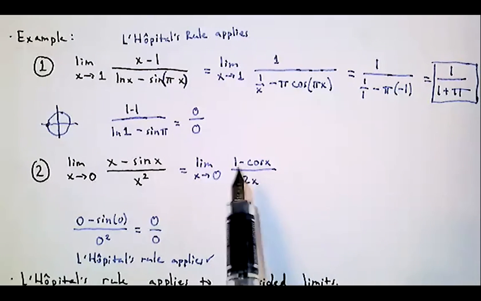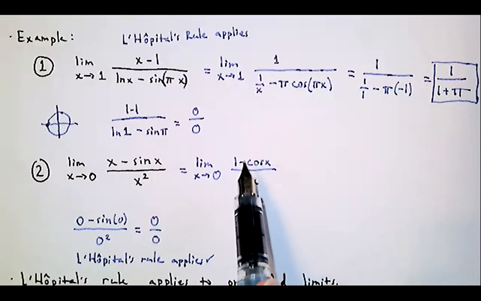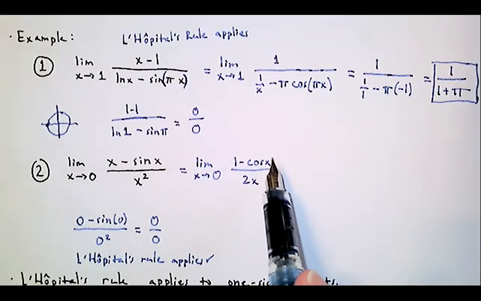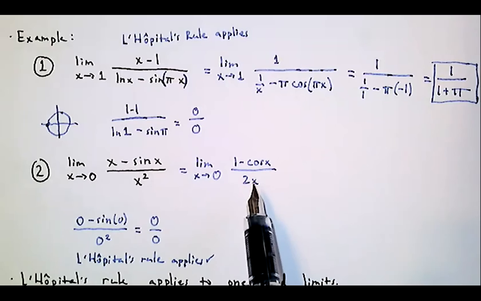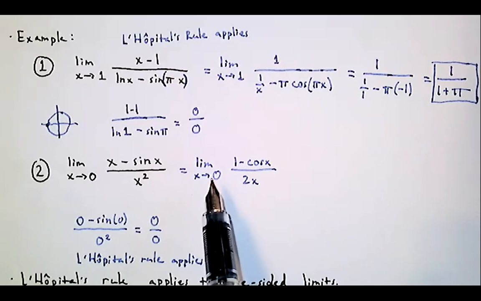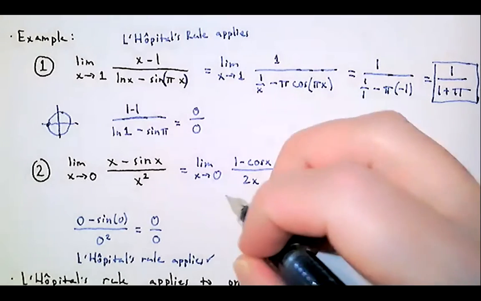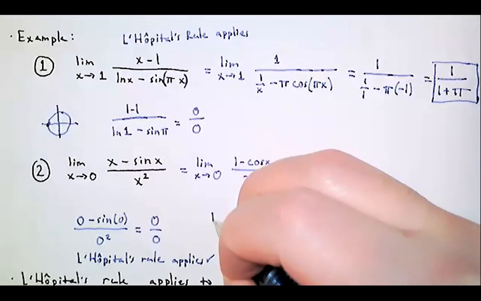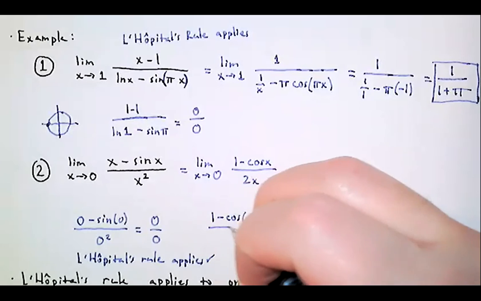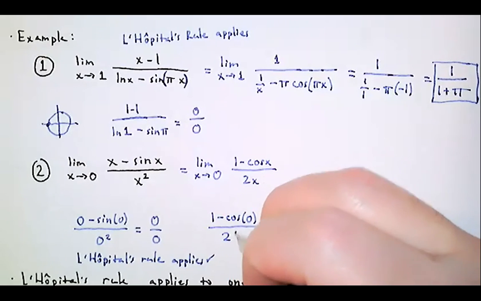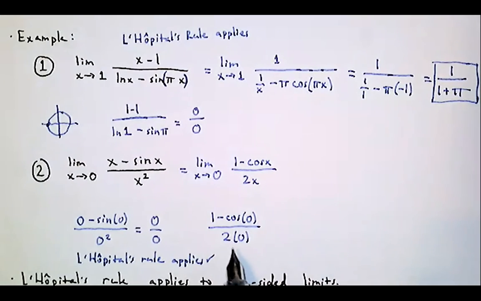Okay, and we're still looking at continuous functions. We know the trig functions, the simple ones like sine and cosine, are continuous. This is definitely continuous. So we should be able to plug in x equals 0. So let's check. 1 minus cosine of 0 over 2 times 0. Well, there's a problem. We're dividing by 0.